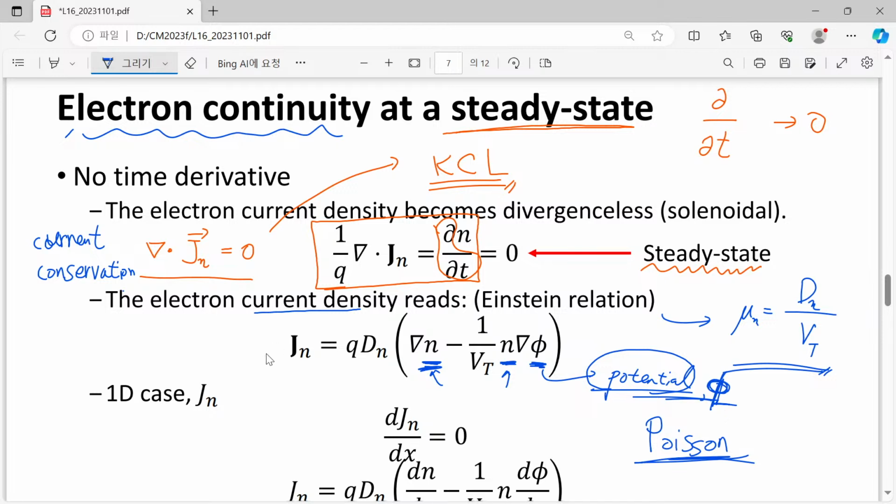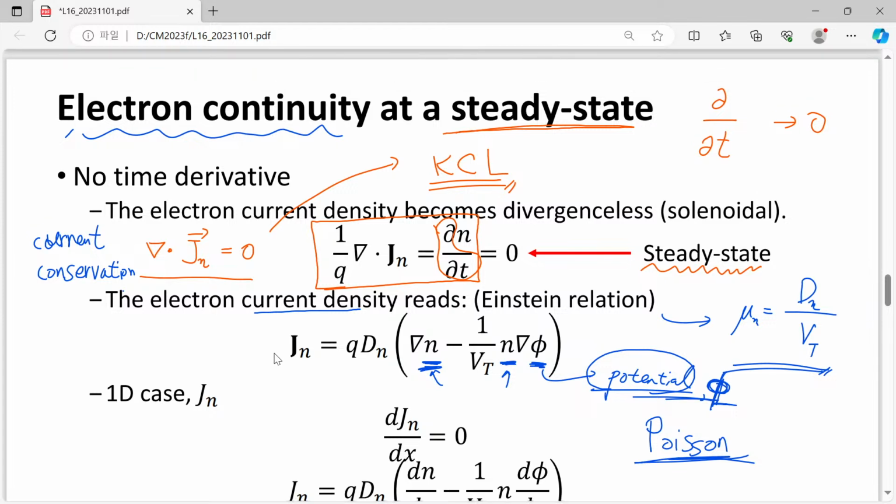So therefore, we must solve our electron continuity equation together with the Poisson equation. Only when we solve these two equations all together, then we can get the self-consistent solution. Okay.